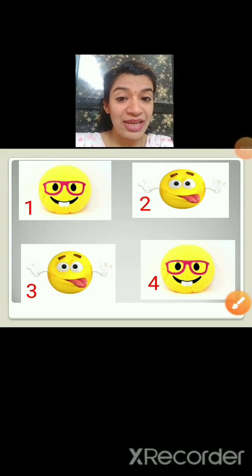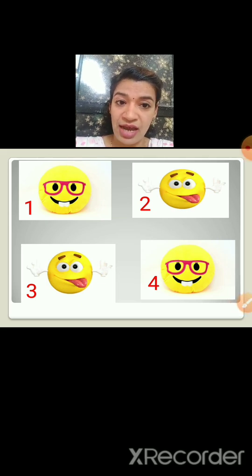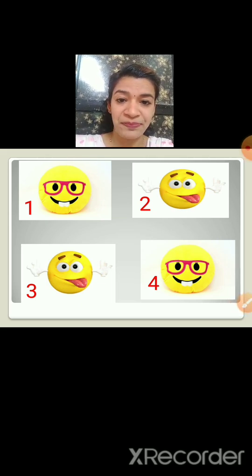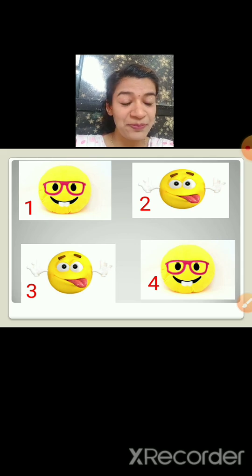Children, can you see the images on the screen? There are 4 images. Number 1 is wearing specs and even number 4 is. So both the images are the same. 1 and 4 are the same. And number 3 and number 2 both are the same.